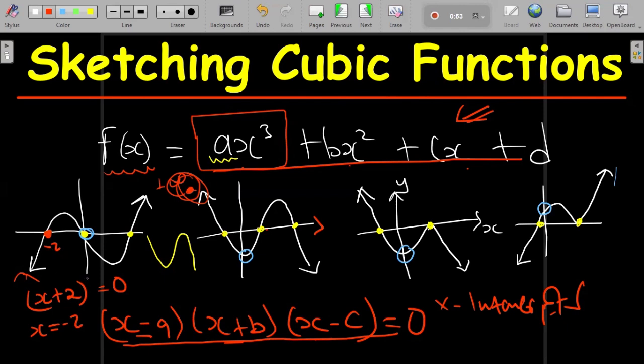If it has an odd power, like 1 in this case, it means the curve should cross at that point like that. 1 is an odd power, 3 is an odd power, 5 is an odd power, maybe 7, 9, all these are odd powers.